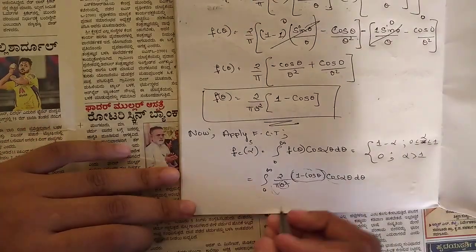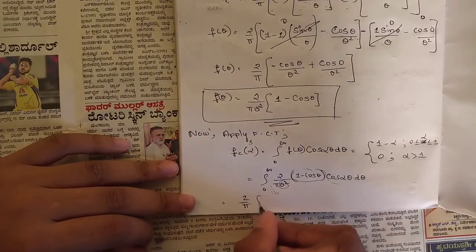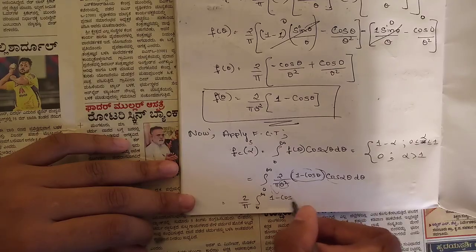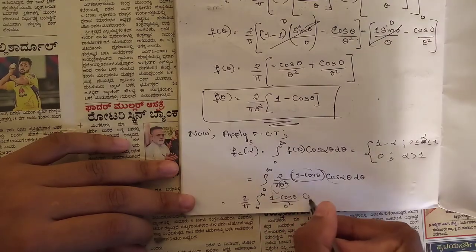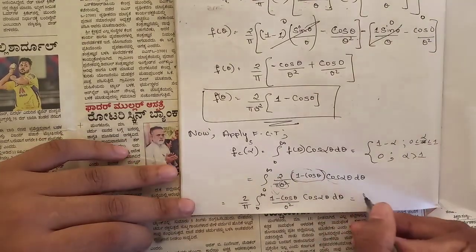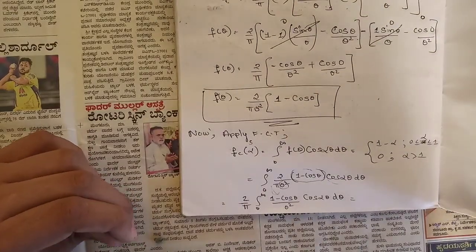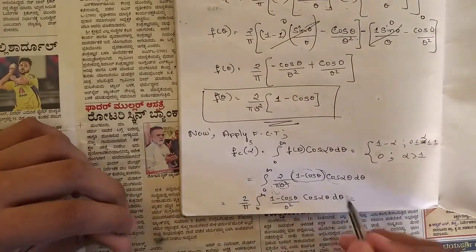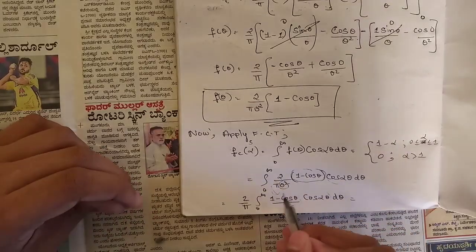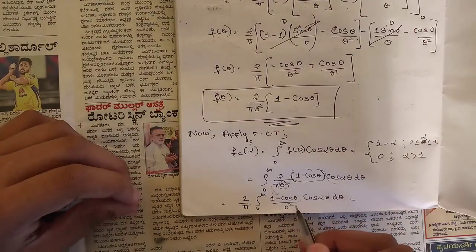So the first thing we can do is take this 2 by pi common outside, the integral from 0 to infinity of 1 minus cos theta by theta square cos alpha theta d theta is equal to the same condition itself. In the next step we put alpha equal to 0 so that we eliminate this term, because we need only this term, like 1 minus cos of something divided by something square.